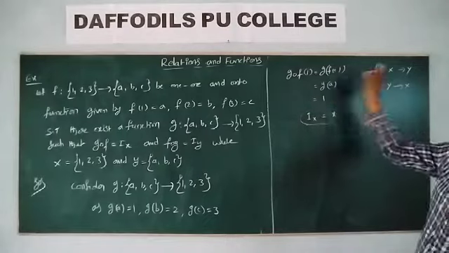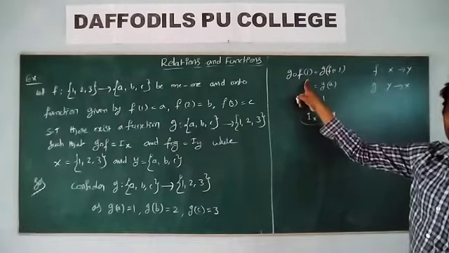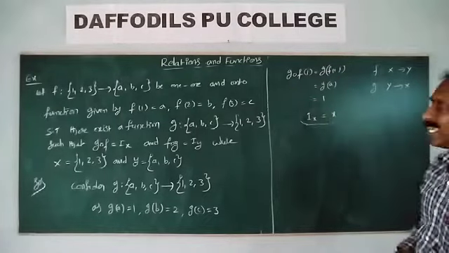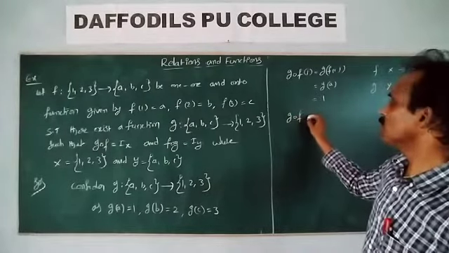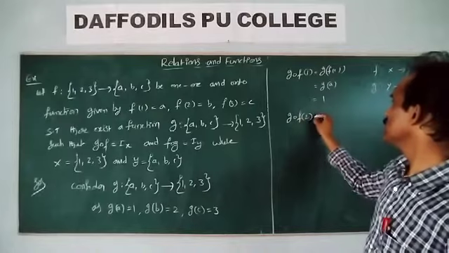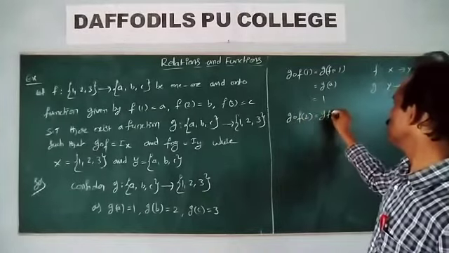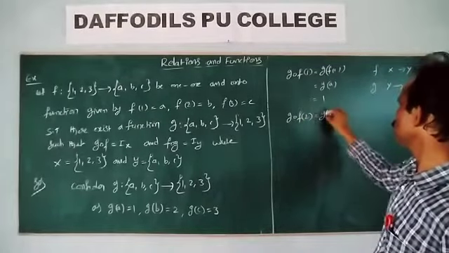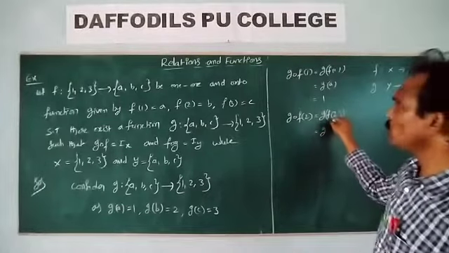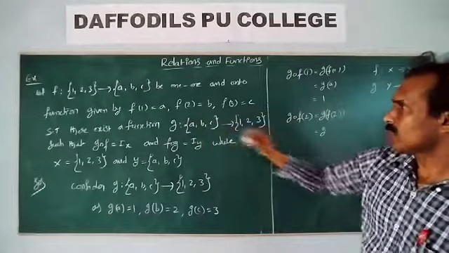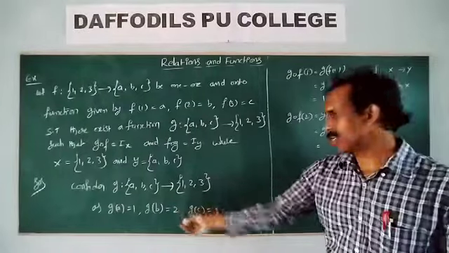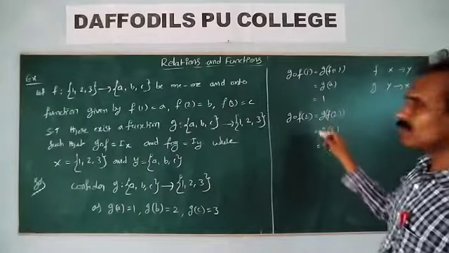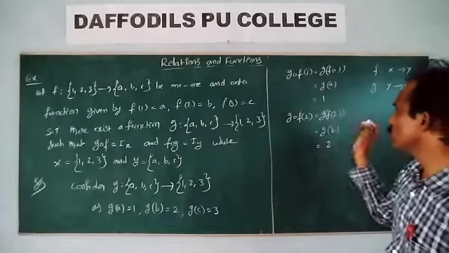For the remaining elements, g of f of 2: f of 2 is B, g of B value is 2, so g of f of 2 is equal to 2.